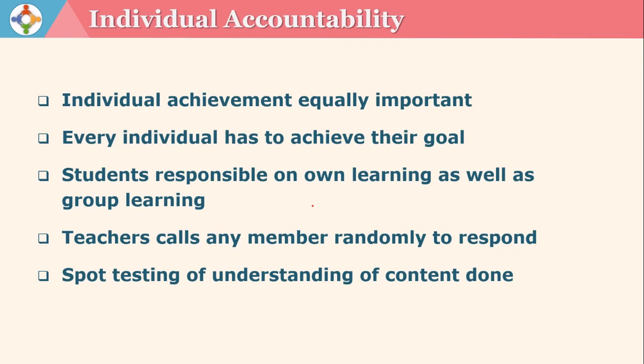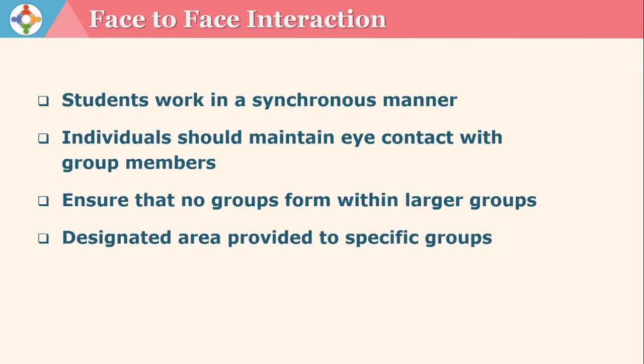Students are responsible for their own learning as well as for the group learning, and teachers call any member randomly to respond. That is how the teacher makes sure that every individual is alert and is working towards their own goal also. On-the-spot testing of understanding of content is done to ensure individual accountability among students.